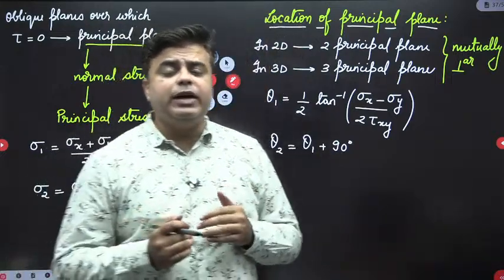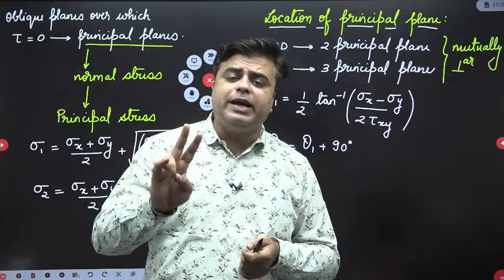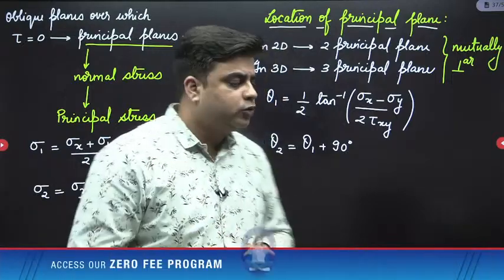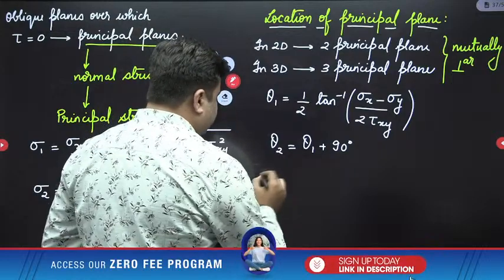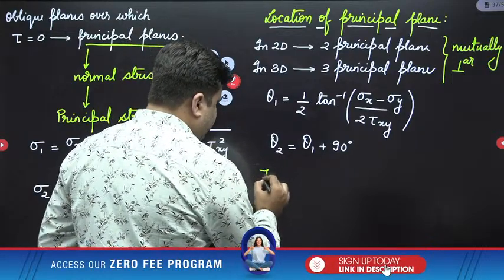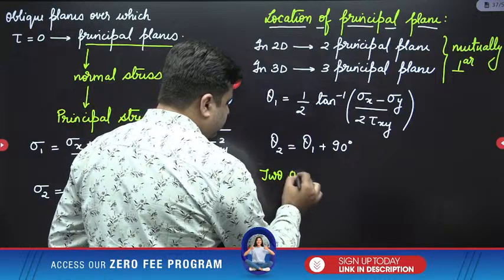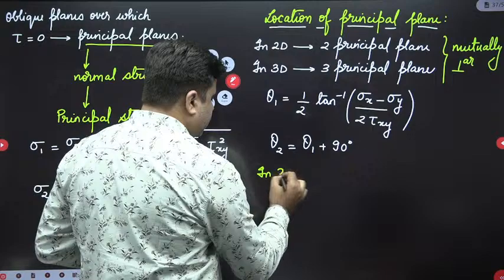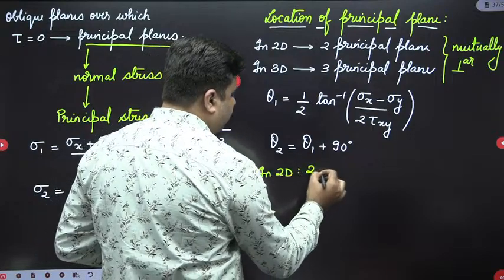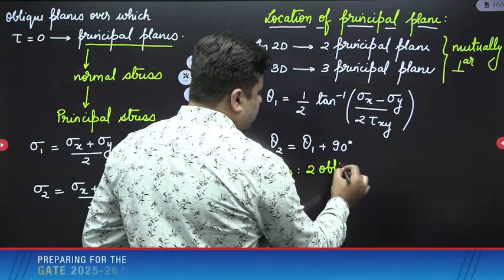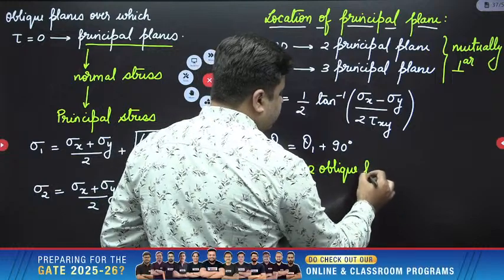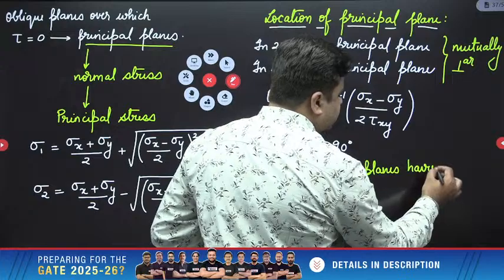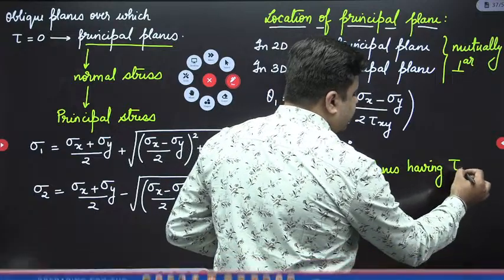In the same way, there will be two oblique planes which will have the maximum value of shear stress. In 2D, there will be two oblique planes having tau max.